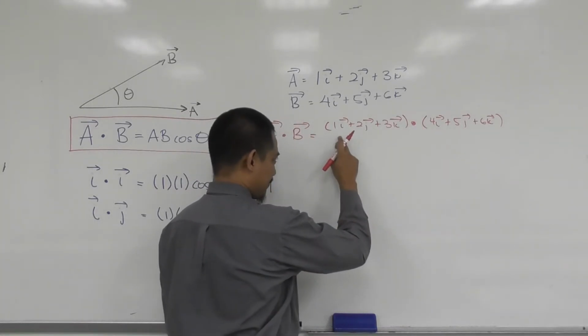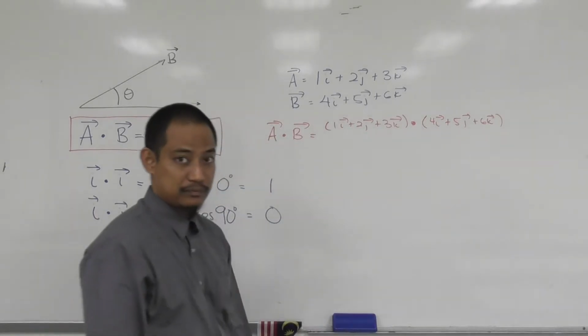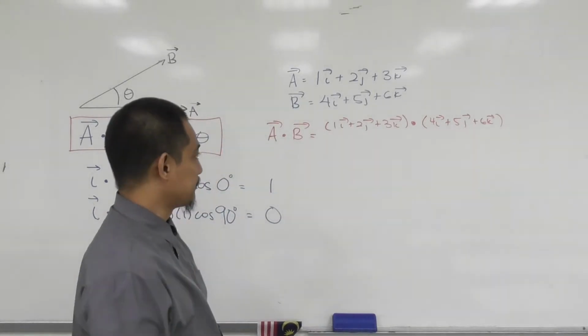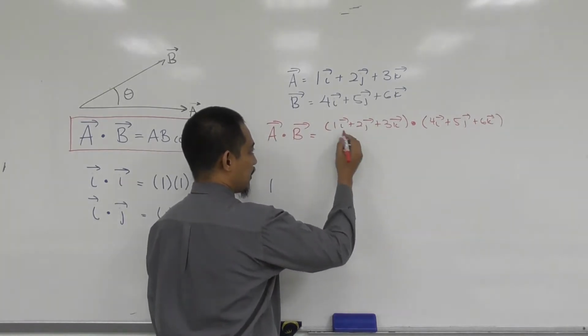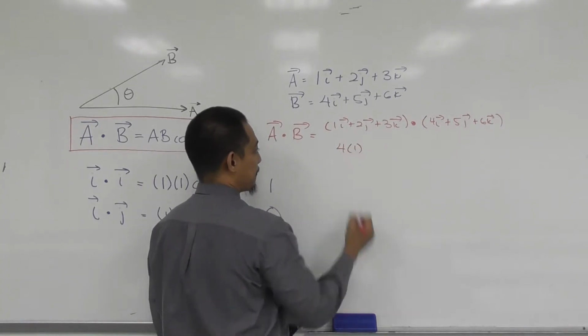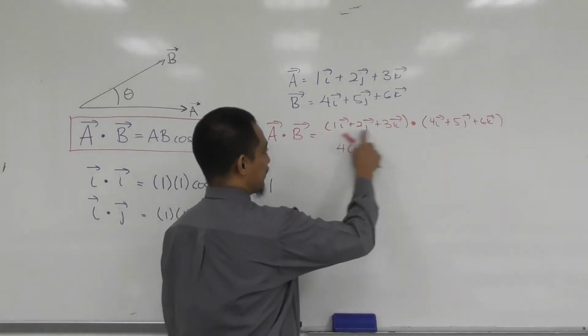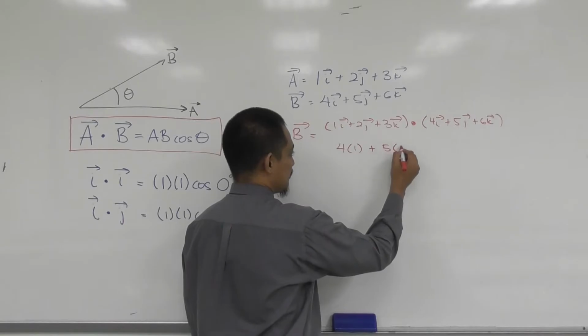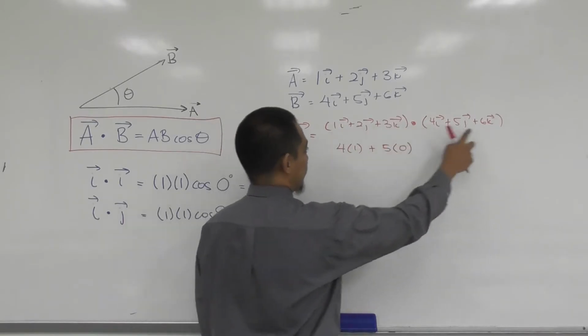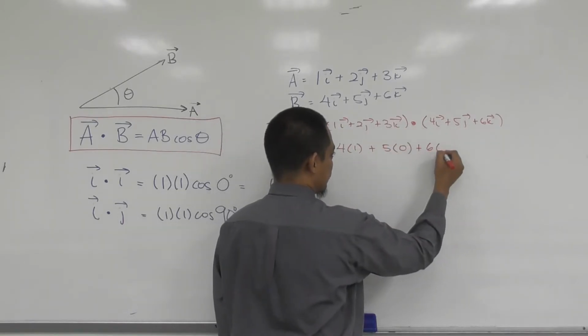Meaning like 1i dot 4i. How to do that? So 1 and 4 becomes 4, i and i becomes 1, right? And then 1i and 5j becomes plus 5 times 0. And 1i and 6k plus 6 times 0.